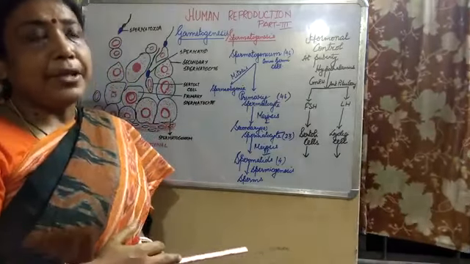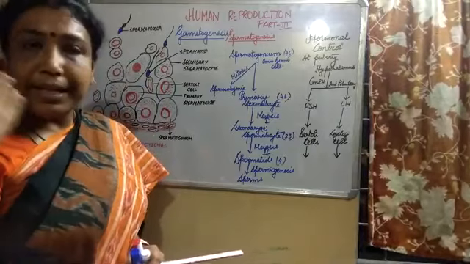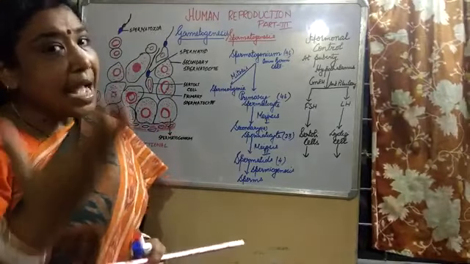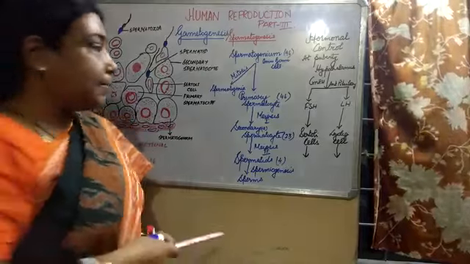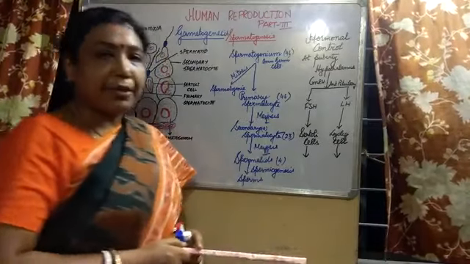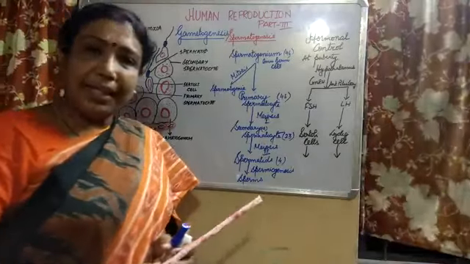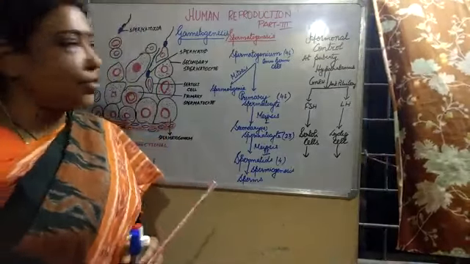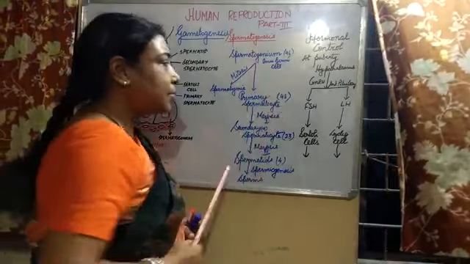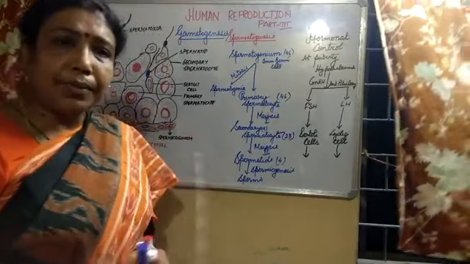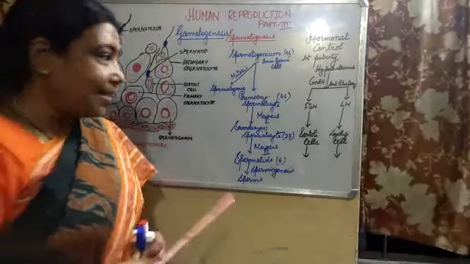Then some of these spermatogonium will undergo differentiation and change themselves into primary spermatocyte. They are the spermatogonia only, they have simply got differentiated. This also has the same number of chromosomes, that is 46.